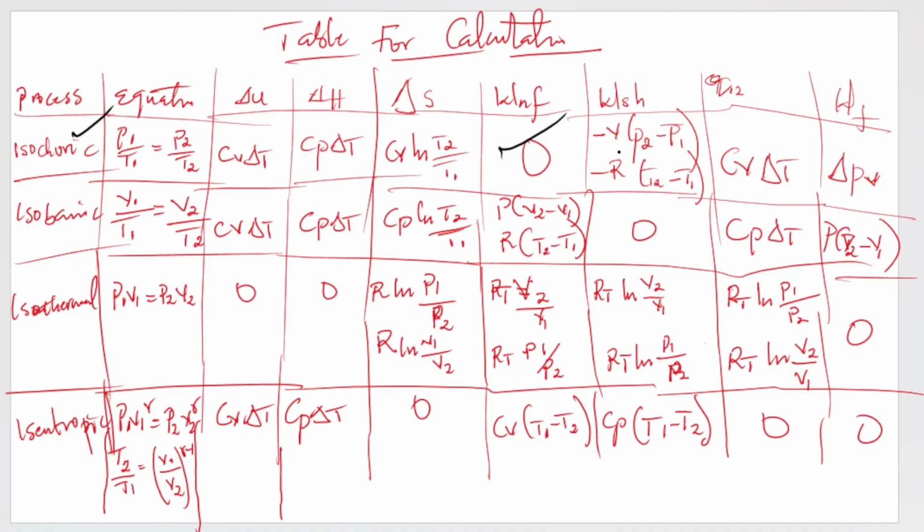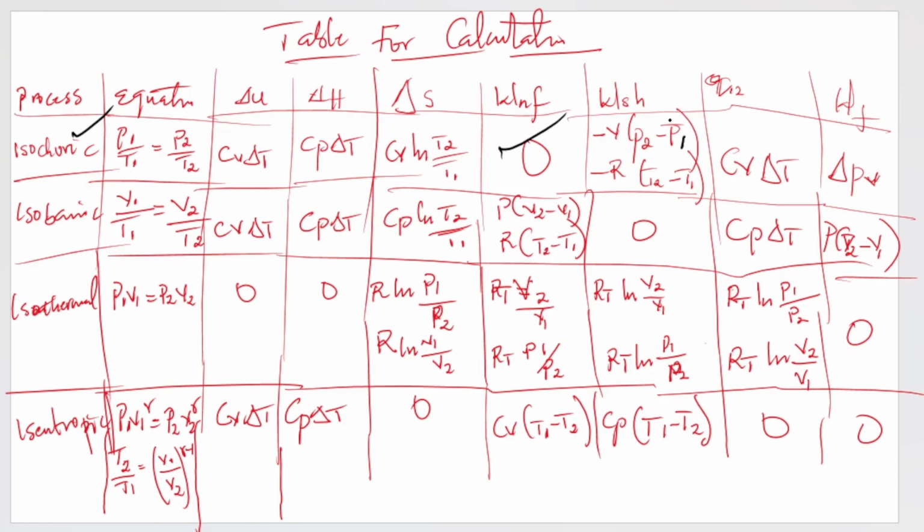But if we were to follow the simplified table, we are to get a certain value for shaft work, and it will be a negative value. Now let's look up. If you have the shaft work formula to be minus V into P2 minus P1, we can see that this formula is the same as our flow work, but the only difference is the negative sign we have here.